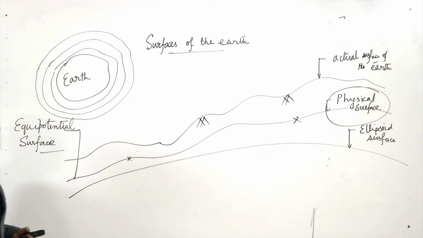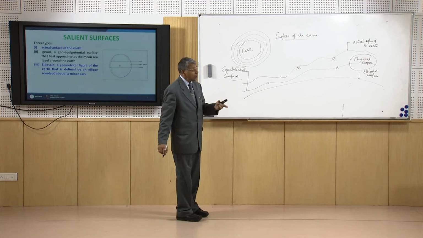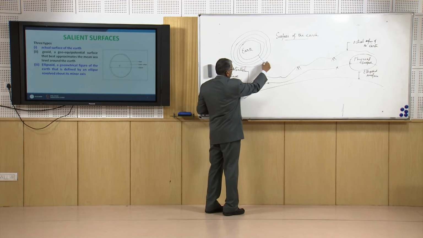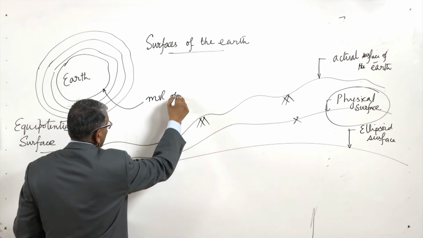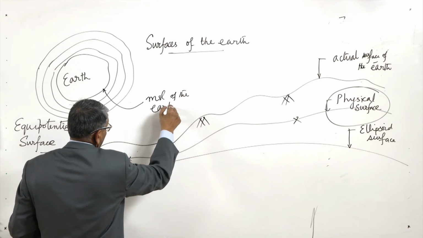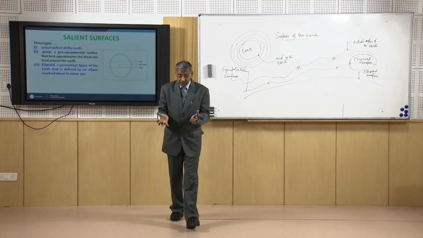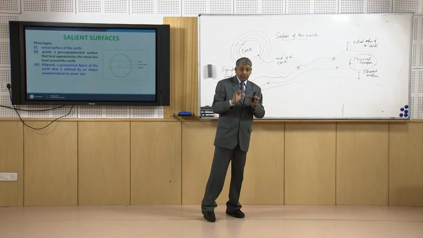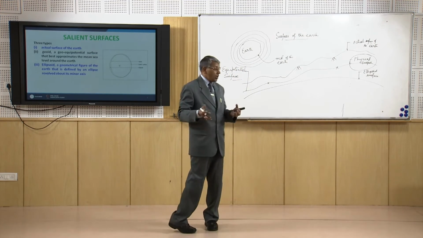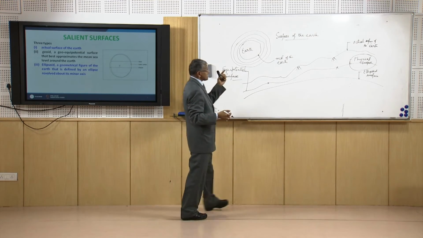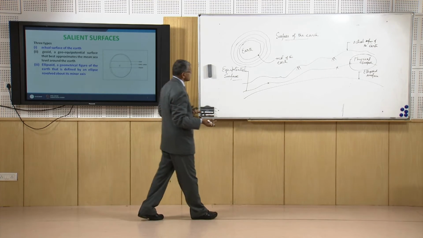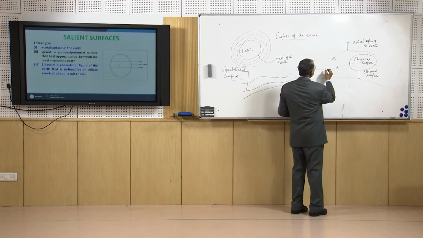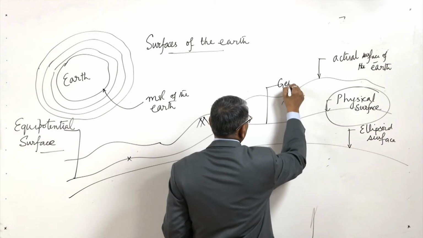Scientists have decided that the equipotential surface that best approximates the mean sea level of the earth will be considered as the reference, because the earth's surface is mostly covered by water, 70% of the surface of the earth is water. So that surface is known as the geoid.